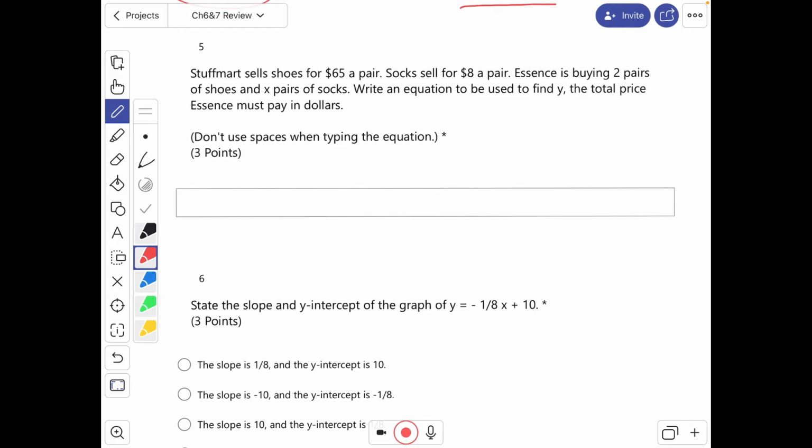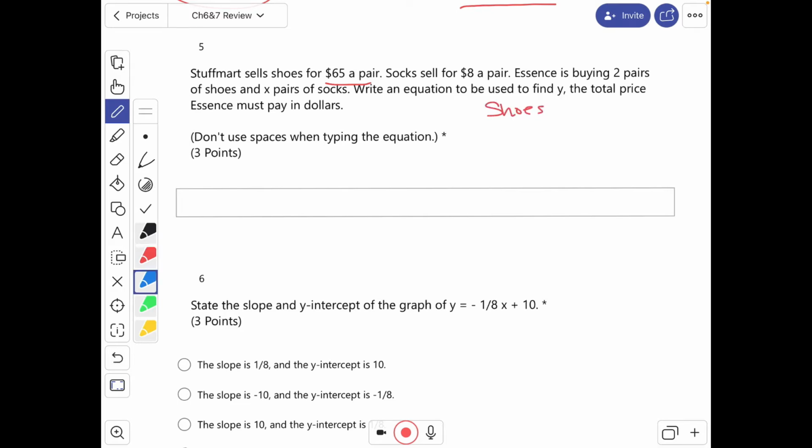Number 5, Stuff Mart sells shoes for $65 a pair. Socks sell for $8 a pair. Essence is buying 2 pairs of shoes and X pairs of socks. Write an equation to use to find Y, the total price Essence must pay in dollars. Okay, $65 a pair for shoes.